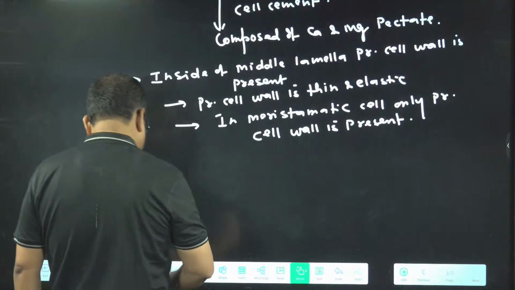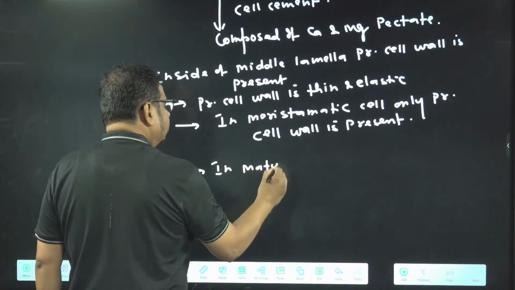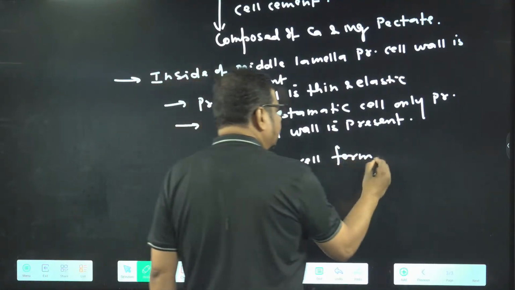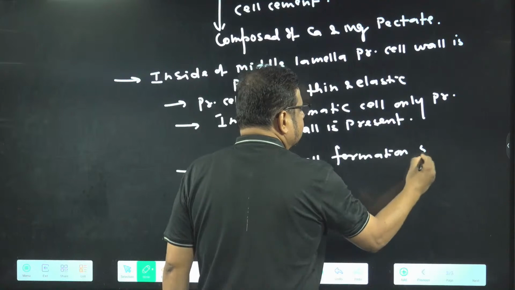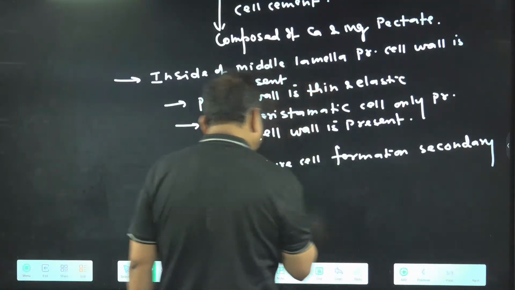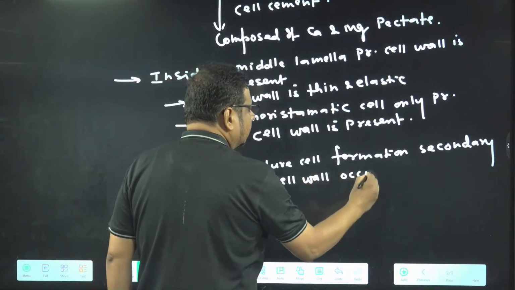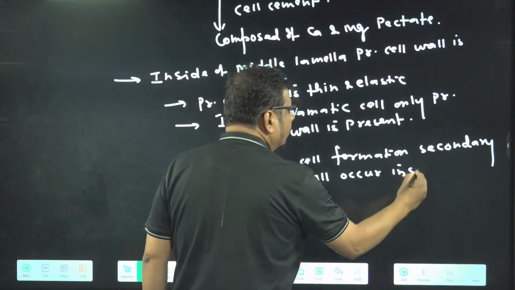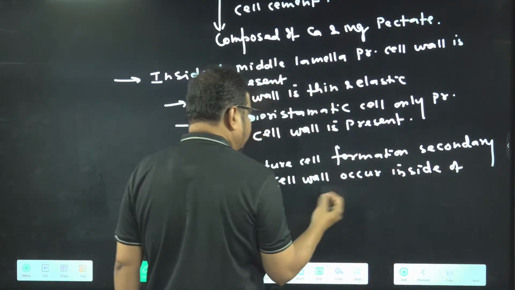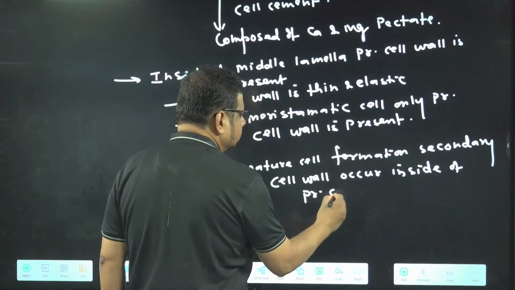Now what happens? In the mature cell, formation of the secondary cell wall occurs inside of the primary cell wall, the inner side of the primary cell wall.